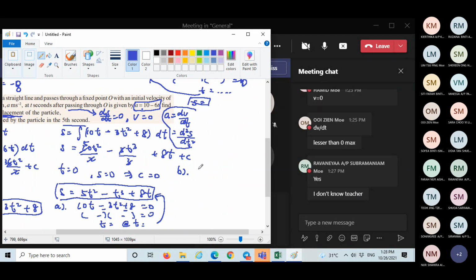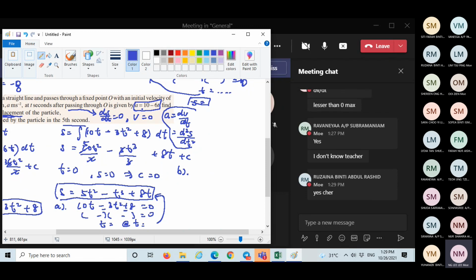Okay, Ruzaina. Ruzaina here? Just now I mentioned it in the example actually. Ruzaina, can you do it? They want to find the distance traveled in the 5th second.